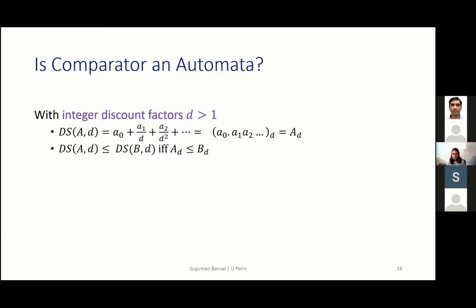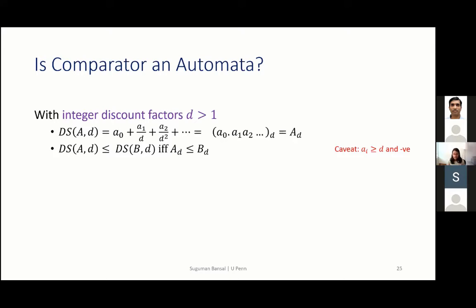So maybe lexicographic reasoning plus outlier management would work out. But there is still one more caveat here. And the caveat is that the values A_i are bounded by mu. They are not bounded by D. So A_i could be greater than or equal to D. Furthermore, these A_i could be negative. So this lexicographic reasoning with outlier management will not work.